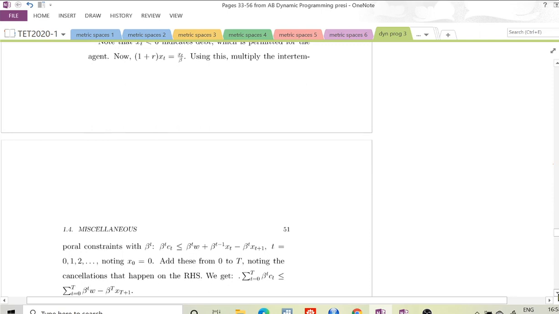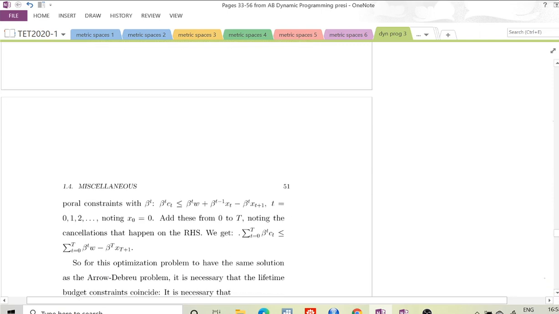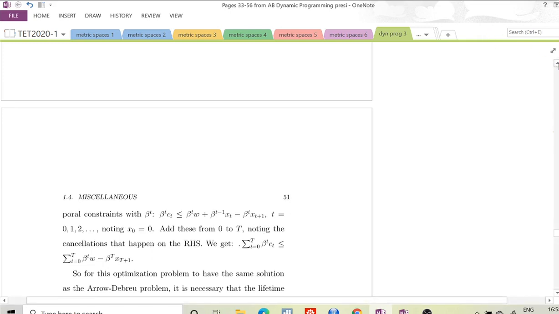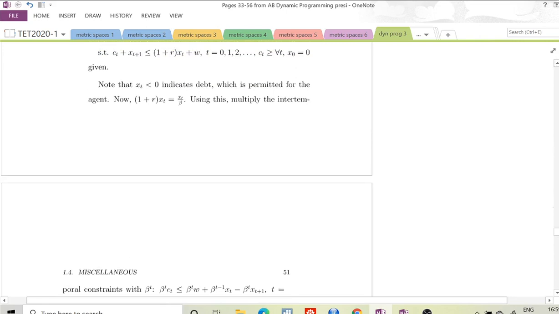And then I can multiply, so let me try and bring both things together on the same page.